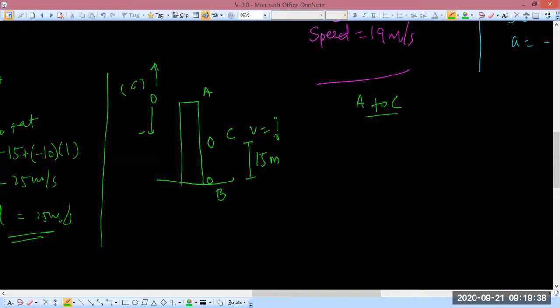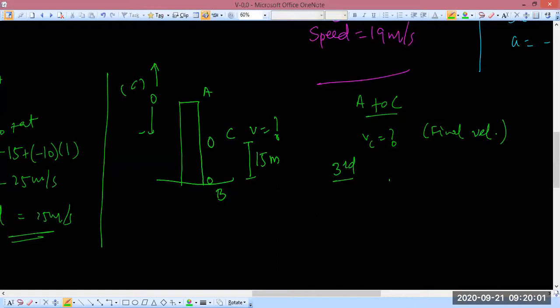So now you have this from A to C. We want to find the final velocity. I hope you realize this is the final velocity. So now we will use the third equation. I think everyone realizes the third equation is suitable.